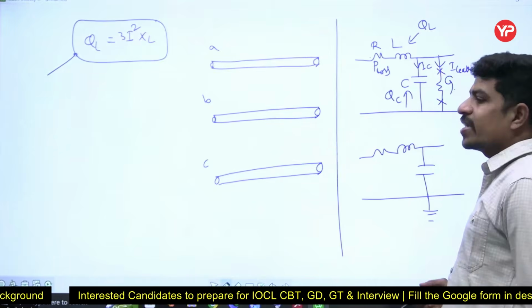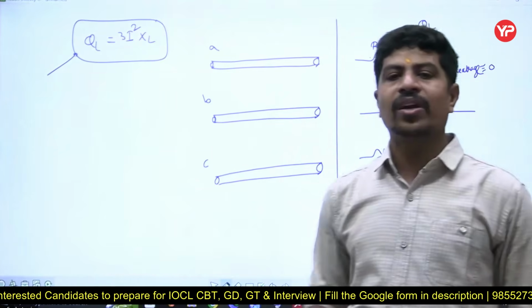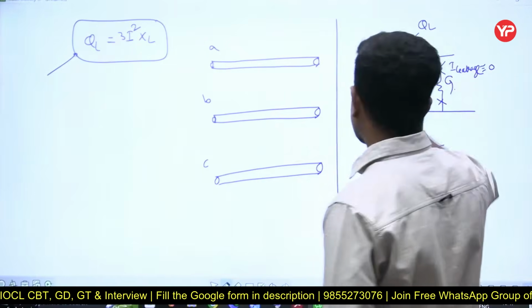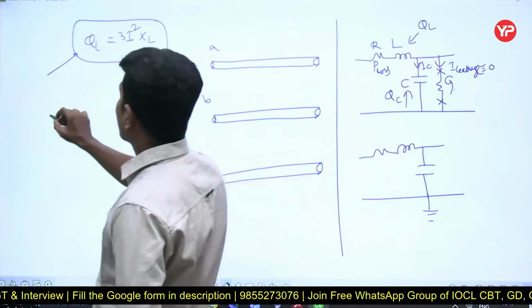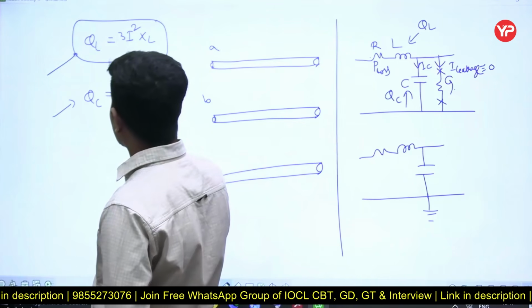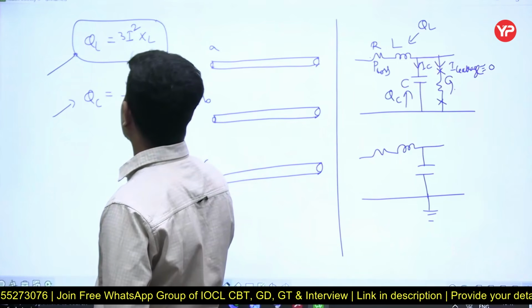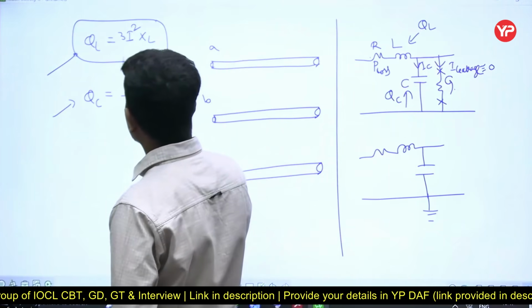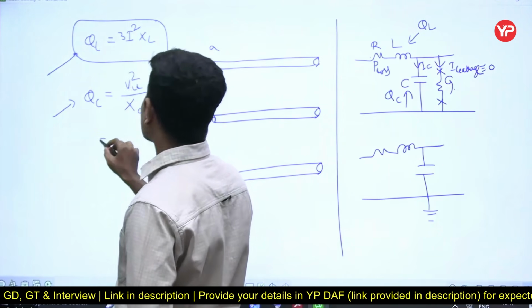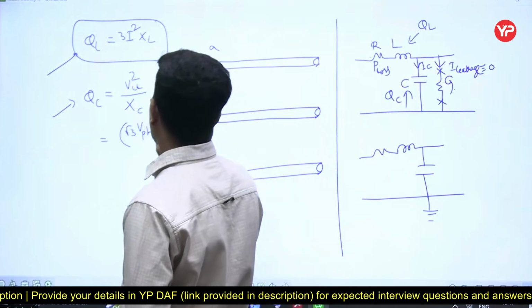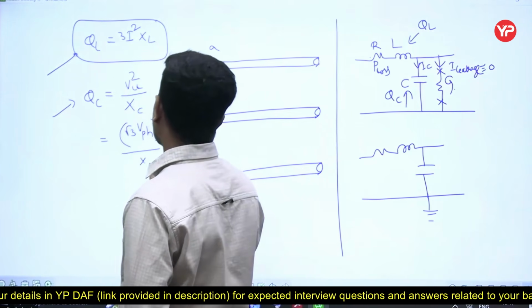Now, inductance is a series element. Whenever any series element is there, we have to write the formula I square into that value, resistance and reactance. Now, this capacitance is shunt value. So, the reactive power supplied by the shunt capacitance is equal to V square by XC. This should be line voltage, line to line voltage. Line voltage is root 3 times of phase voltage whole square divided by XC.